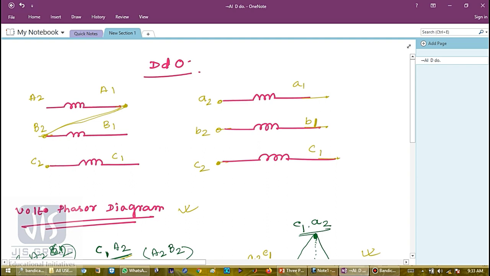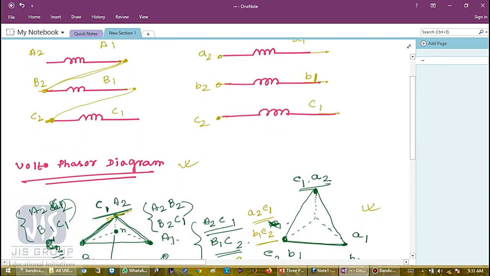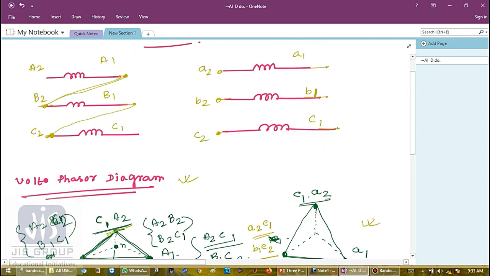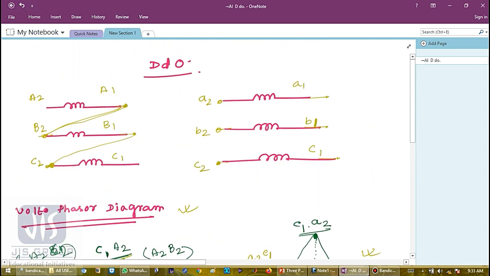So let me connect B1 with C2. And the other is A2 connected with C1. So let me connect A2 with C1. Okay. So now this is forming the delta connection.